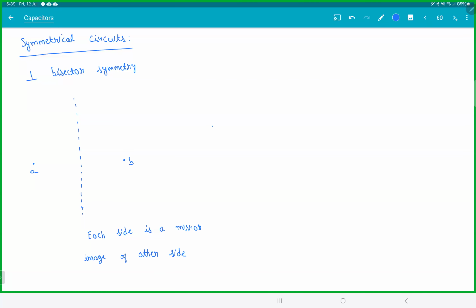Now see, they can be like this also. A and B can be like this also, the line can be like this also. So the main thing is A and B should be on either side of the line. So here A and B are terminals.